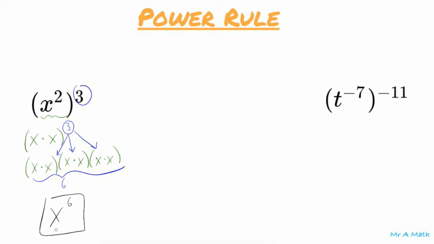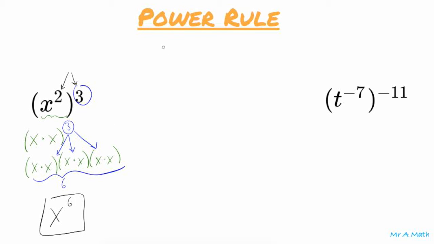All right? Now, think about what we just did here. We said, well, if this is 2 x's multiplied together, and this is whatever that is multiplied together 3 times, the way we can actually get this number without doing this work is by recognizing that if I just multiply these two numbers, 3 groups of 2 is 6.